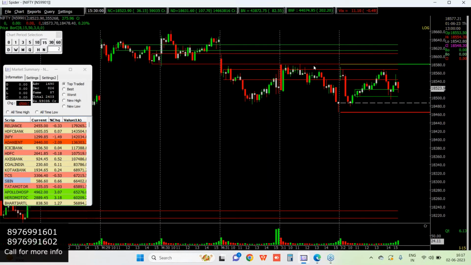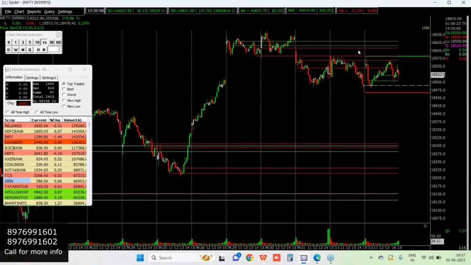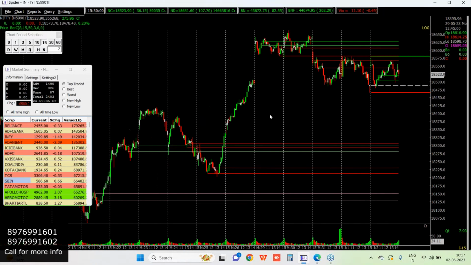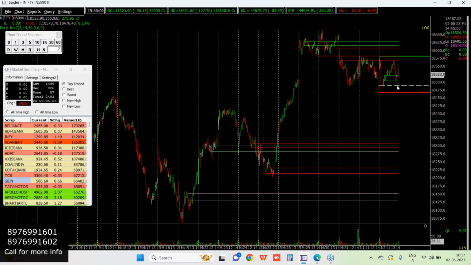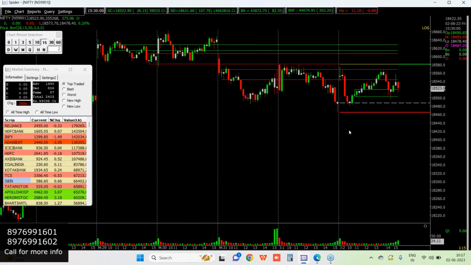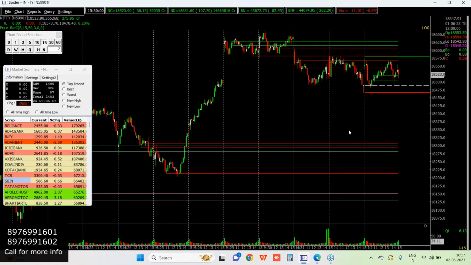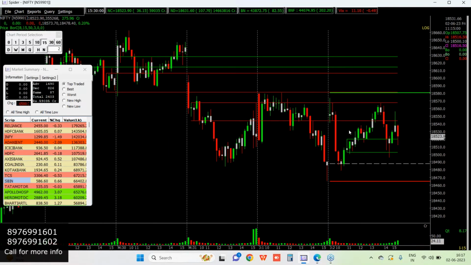Then again we got one over here, this is the third one, and this is the fourth one. This is how you will get the resistance levels, and at the bottom, if suppose Nifty falls, then these are the support levels. So this will help you. Overall, wherever there is support or resistance, it will mark the levels, and accordingly you can take your positions, or you can put your stop losses or target.